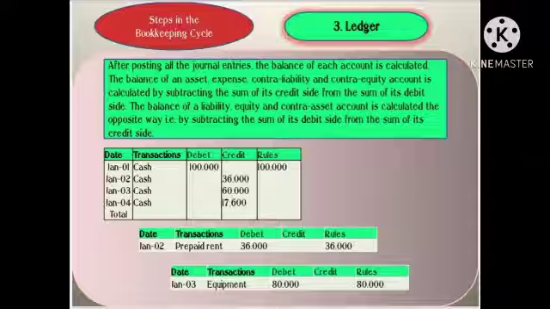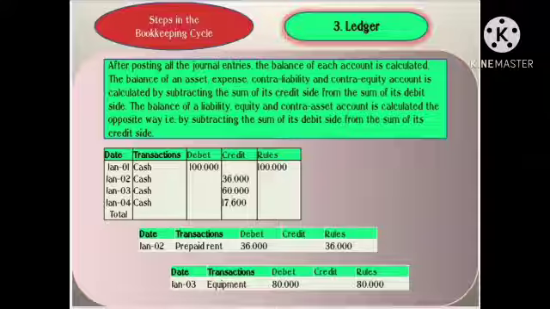Date 1 January transaction, cash debit 100,000, common stock credit 100,000. Date 2 January transaction, cash credit 36,000. Date 3 January transaction, cash 60,000. Date 4 January transaction, cash 17,600.